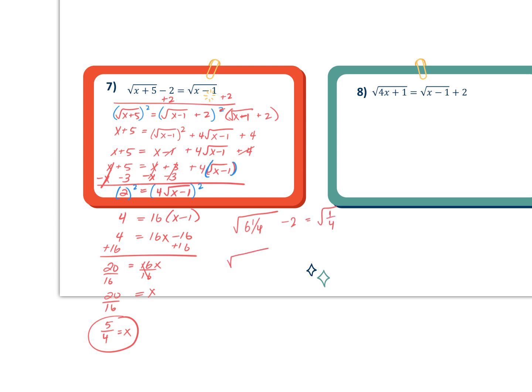So let me do this, 25 over 4. Square root of 25 over 4 minus 2 is the square root of a fourth. So the square root of 25 over 4 is 5/2 minus 2, which is 4/2, equals square root of 1/4, which is 1/2. 1/2 equals 1/2, and yes.